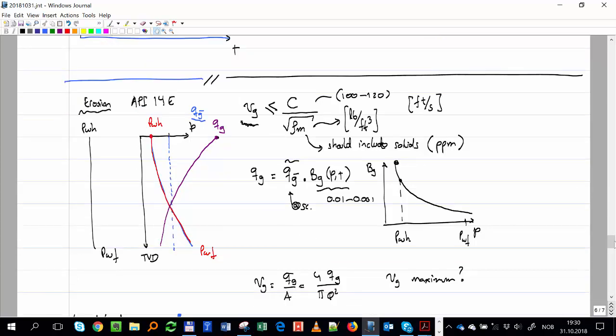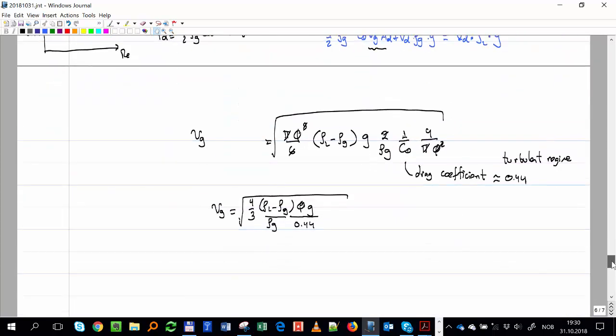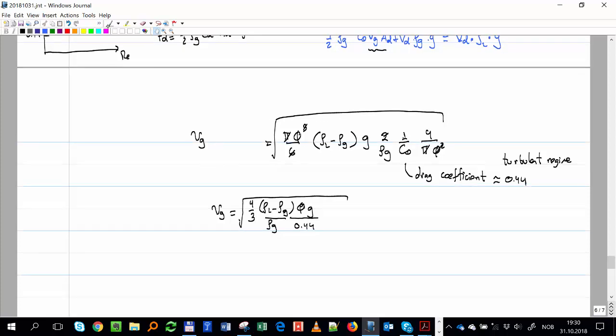The density of the gas will change with pressure, but you can say that the density is equal to pressure divided by RT. The density of the liquid doesn't change much with pressure, so you can more or less always assume a constant number.